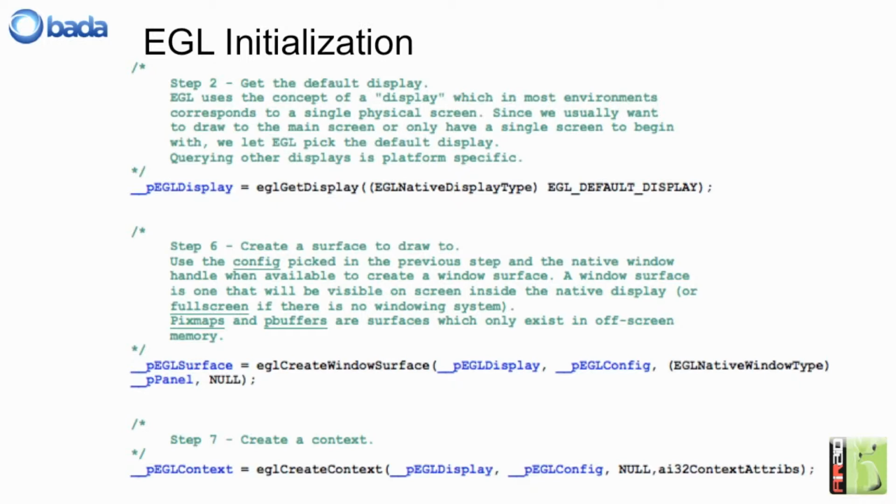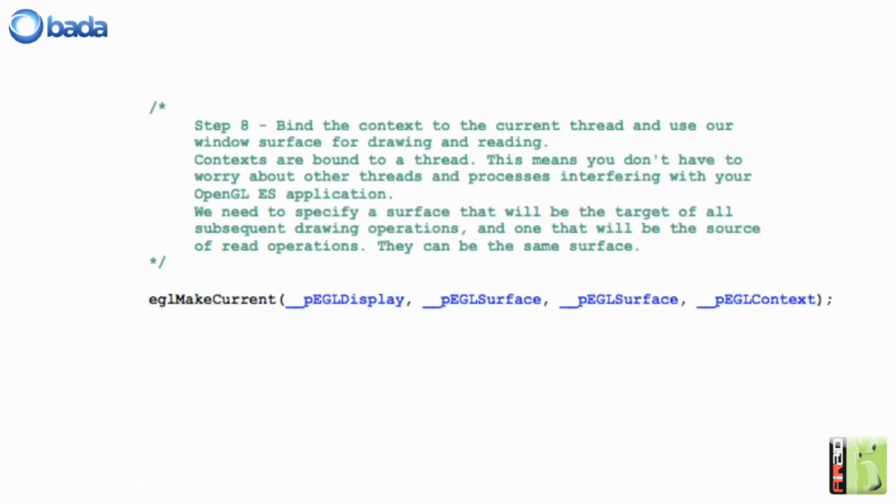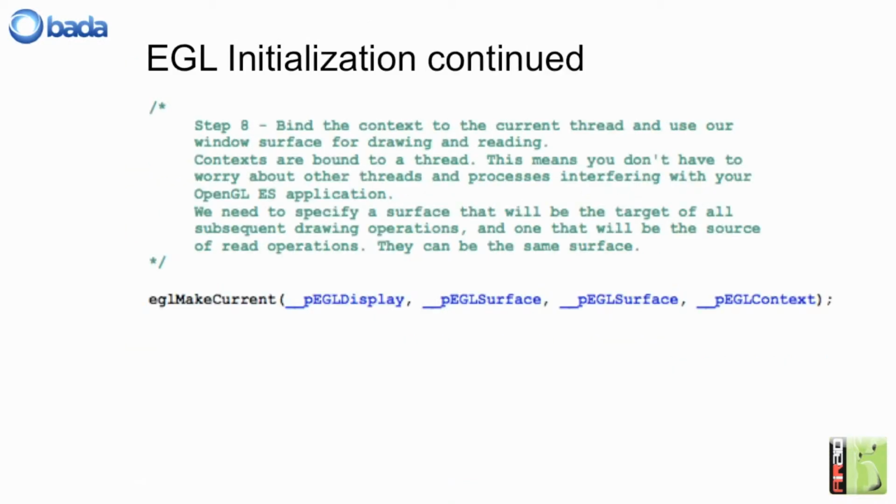Having created our window surface and obtained our native display, we then need to create a context. This is the context whereby we are attempting to bind the window surface, the native display, and the graphics layer to which we're going to draw our graphics. The final step is to combine it all together, and we use EGL make current to perform that.